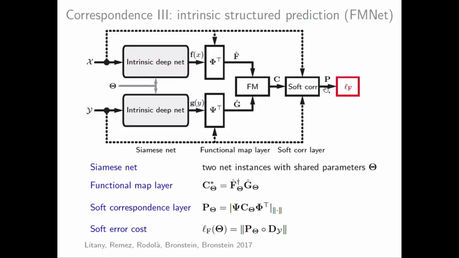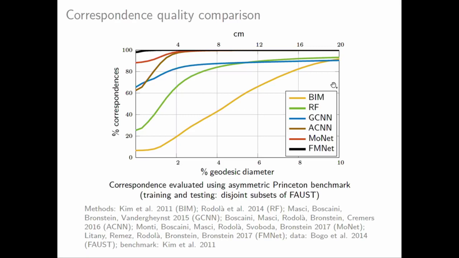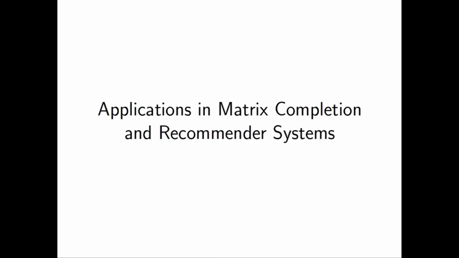And we use this probability distribution in our cost function. This produces significantly better results than all the previous models. This is the Faust benchmark, on which the performance almost reaches 100%. So this is currently state of the art in this particular type of application.